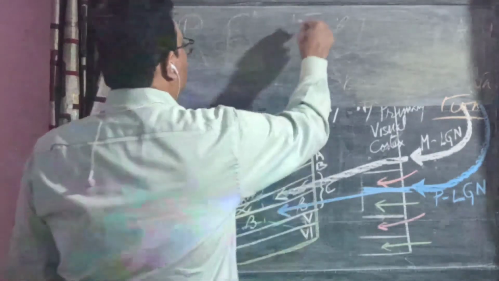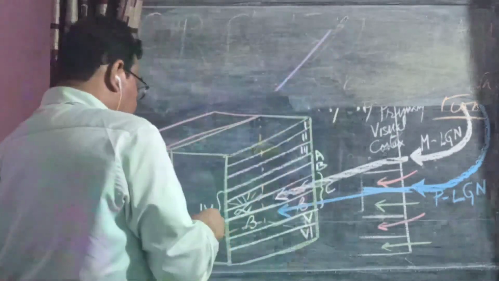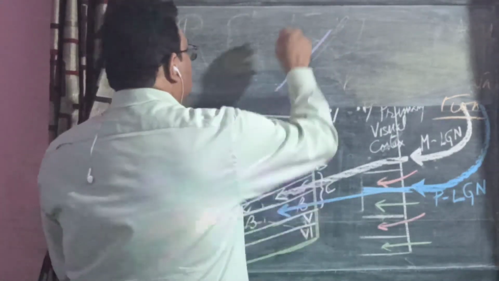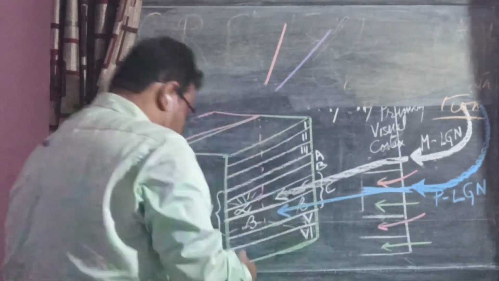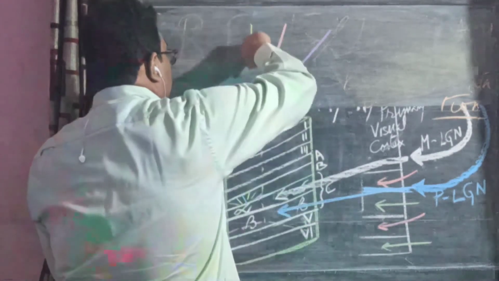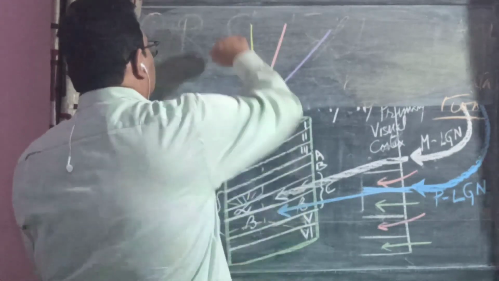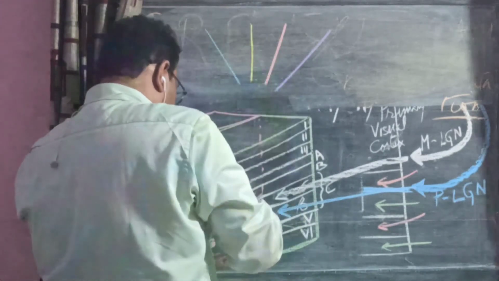Let us draw a little arc. Some will be stimulated by this orientation, some by this, some by this, and some by this.